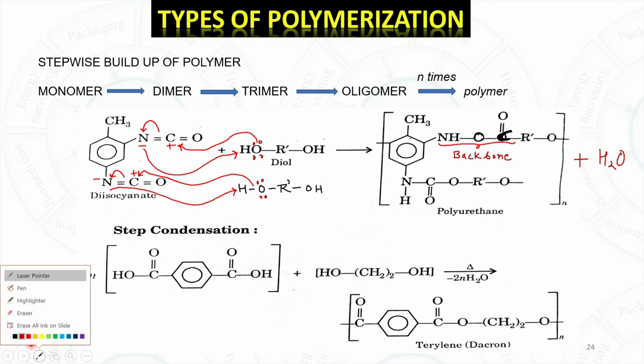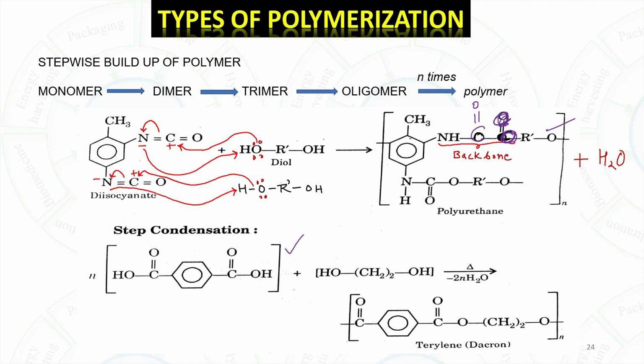So this would be your carbon double bond oxygen, and this won't be there, and this would be your oxygen, right? Like that. Okay. And then the things will go on, right? And similarly, this thing is also happening here. You have this particular diacid which is reacting with the diol, producing Dacron as well. Okay, so you can see here, in the earlier way you can think in that manner as well.